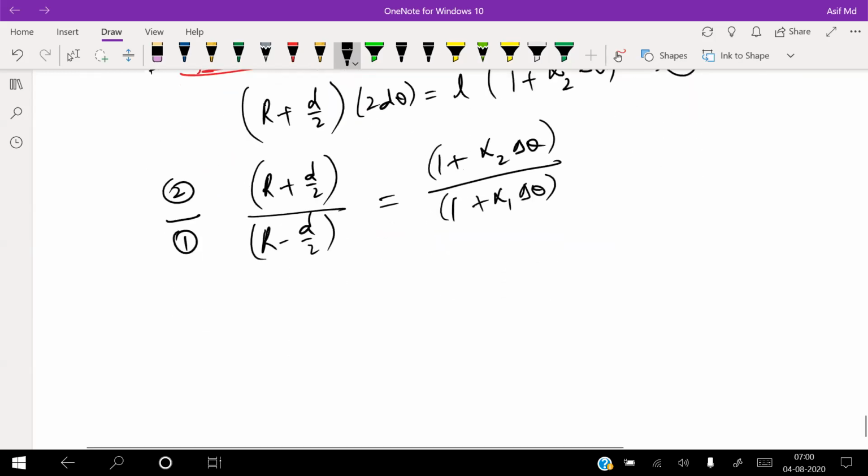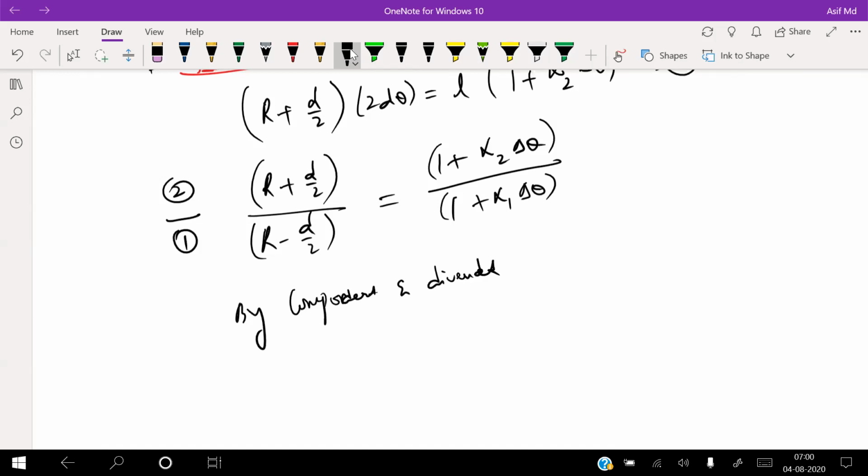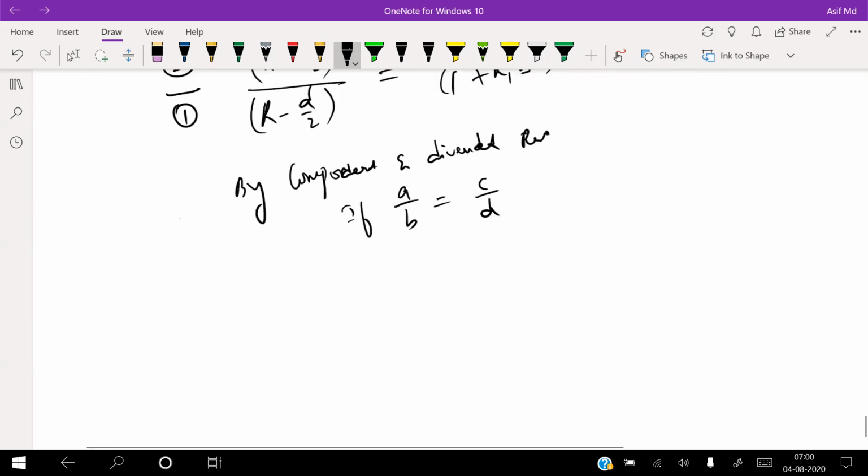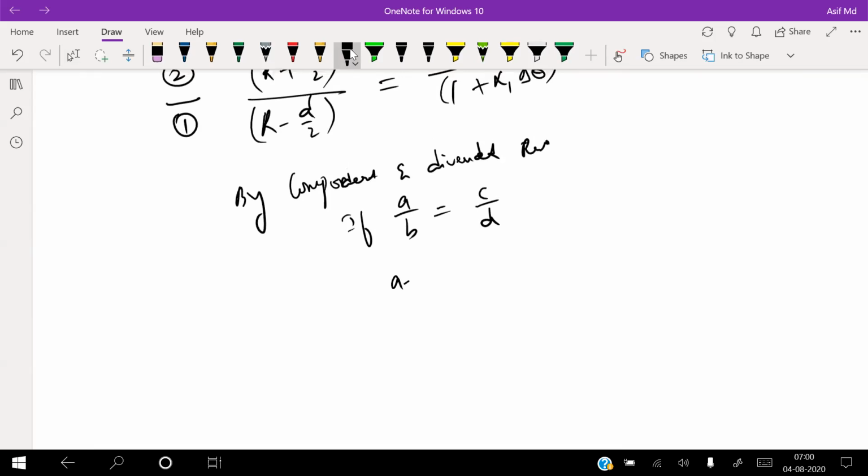Now you know the componendo and dividendo rule. If A by B is equal to C by D, then we can write A plus B divided by A minus B is equal to C plus D over C minus D. The same thing I'm using here.